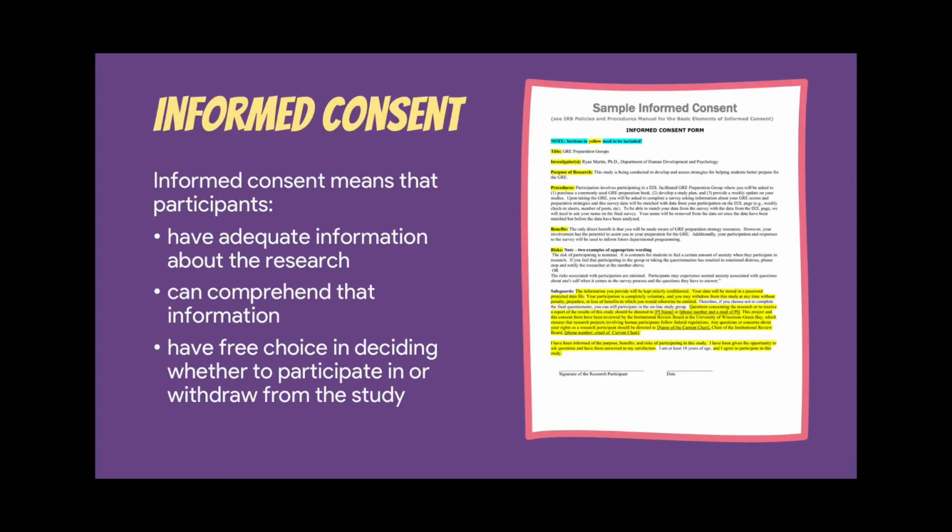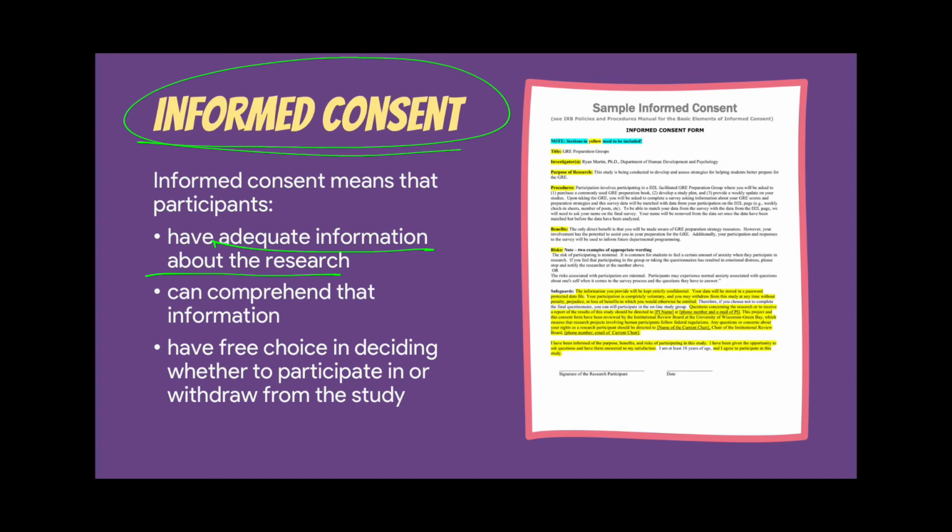Probably common in health and social research that involves human participants is the securing of the informed consent. When we say that the participant or respondent or subject has given informed consent, it means that, one, the participant should have had adequate information about the research.